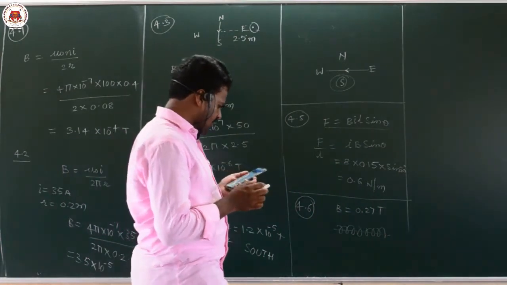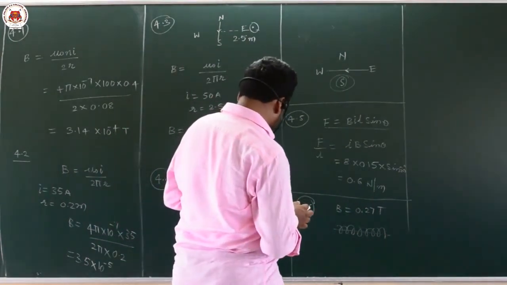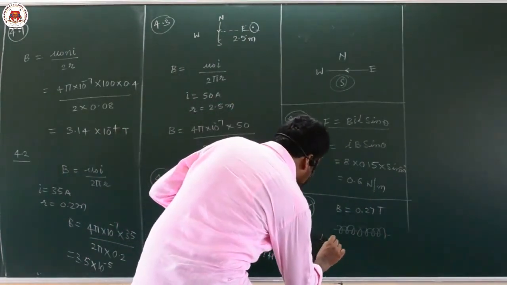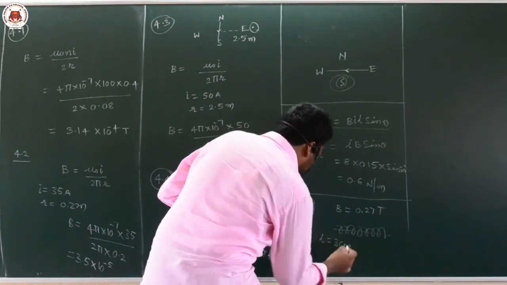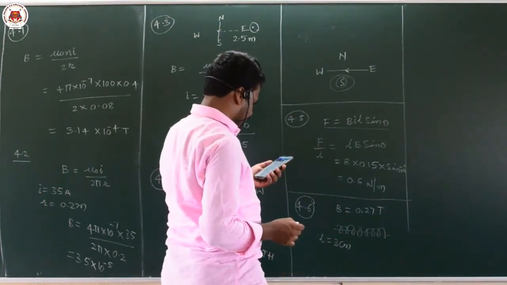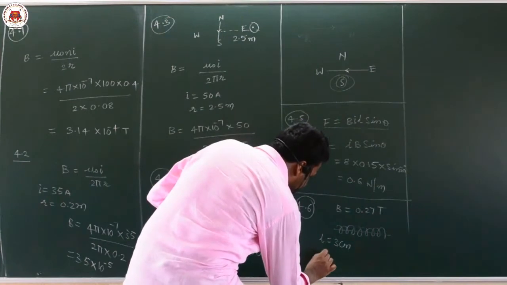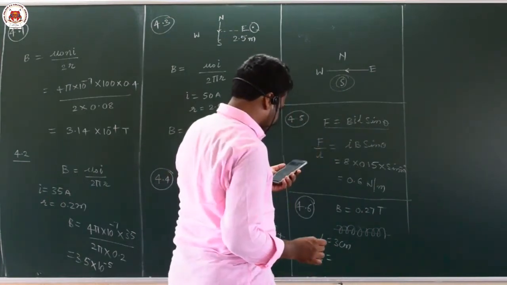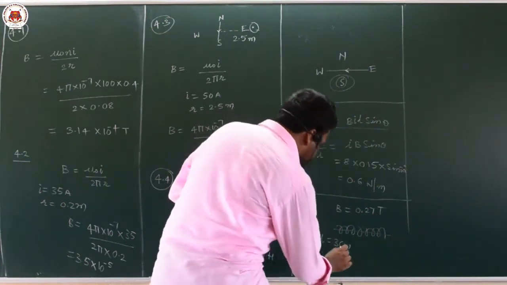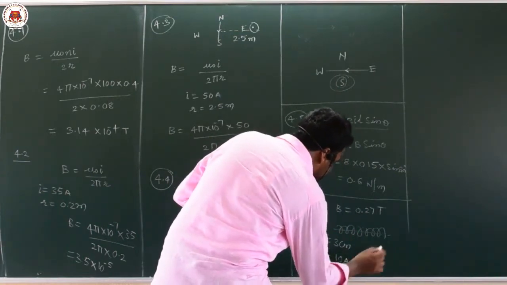So here what is given? Length of the wire is given as 3 centimeters. L is equal to 3 centimeters. And current flowing in the wire is given as 10 amperes.